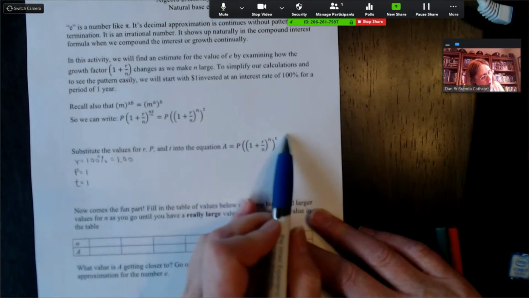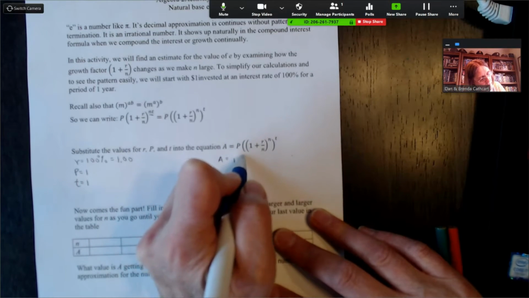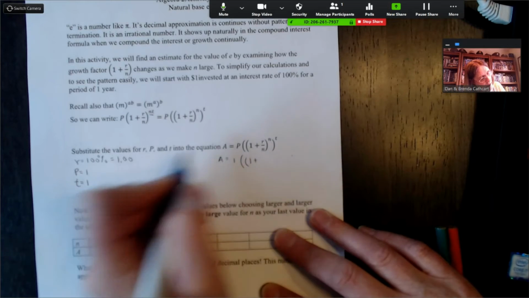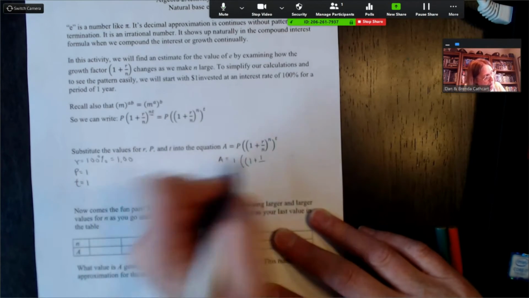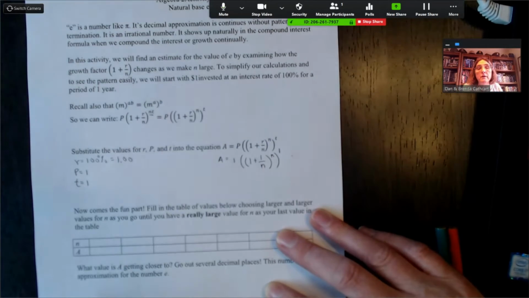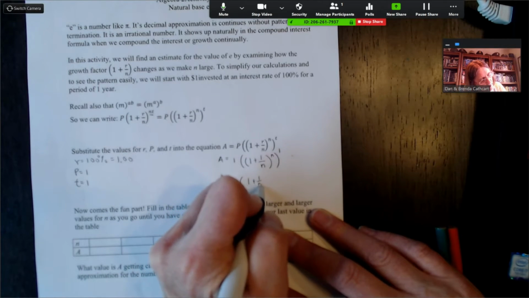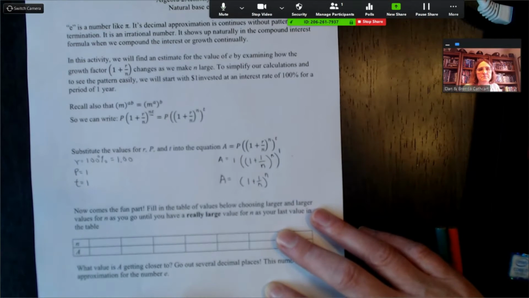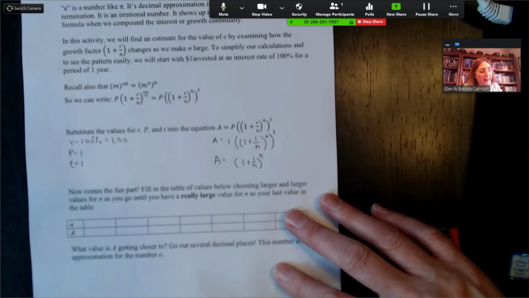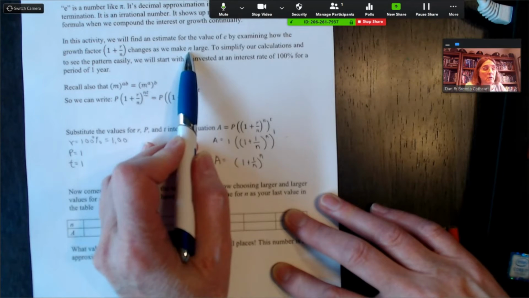So our compound interest rule becomes A equals 1 times 1 plus 1 over n raised to the power of n and then raised to the power of 1. Simplified, this just becomes 1 plus 1 over n to the power of n. We're going to look at what happens as we compound the interest more and more frequently over the year. That is, we want to make n very large.